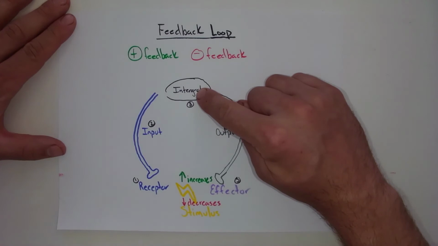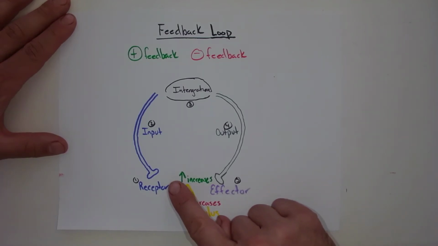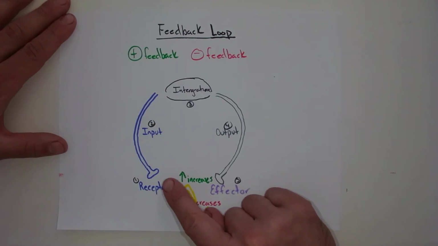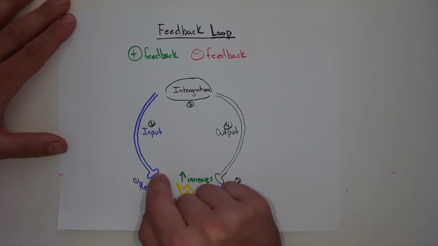I'll just use the most basic example that most instructors use, and that's the thermostat in your house. If you have sunshine, or let's do heat hitting your house, there's receptors or sensors inside the house that sense that heat. Heat is the stimulus. The first part of our feedback loop is going to receive that heat.